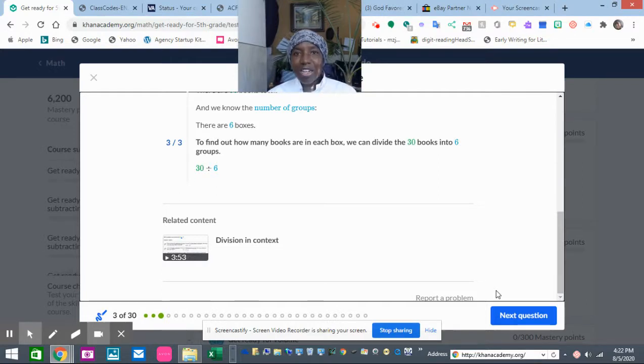So the fastest way to count to 1,000 is by hundreds. 100, 200, 300, 400, 500, 600, 700, 800, 900, 1,000. Right? But look, so these help you to remember when you count by twos. 2, 4, 6, 8, 10, 12, 14, 16, 18, 20, right?